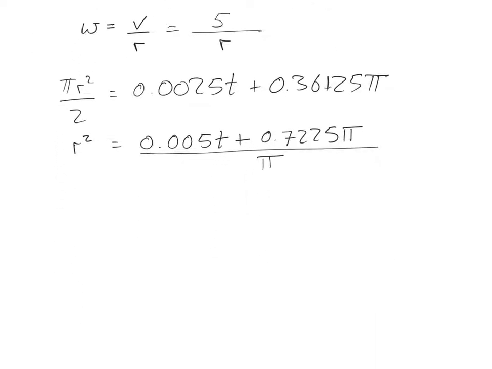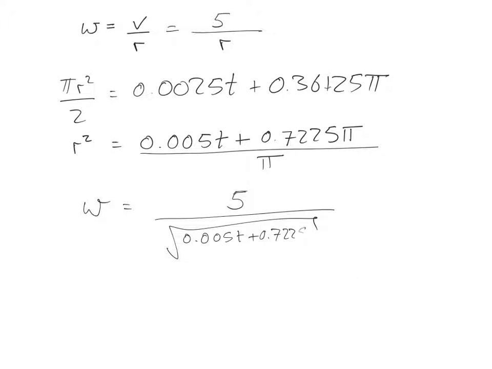So omega equals 5 over the square root of 0.005t plus 0.7225 pi over pi.